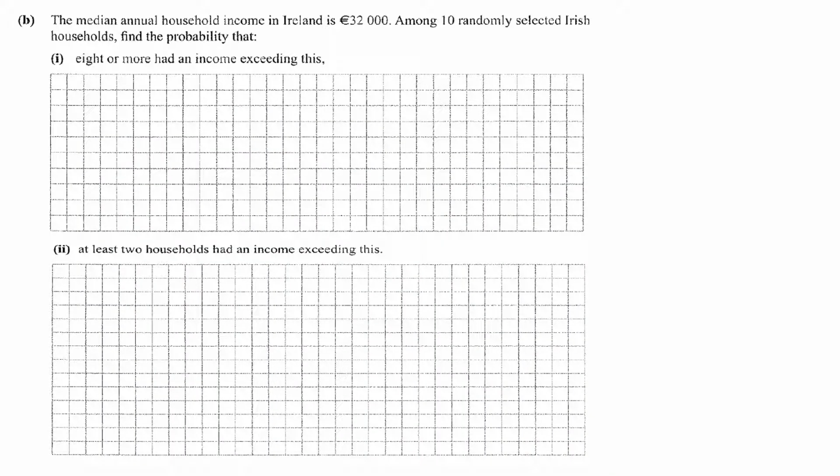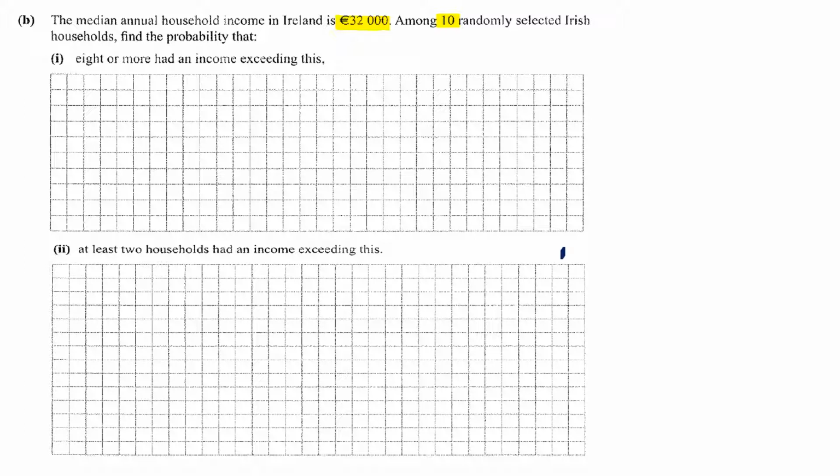So the next thing they've asked us is the median annual household income in Ireland is 32,000, and among 10 randomly selected Irish households, find the probability that 8 or more had incomes exceeding this. So what they basically told us is the middle point of all the data is 32,000, which means that half the data exists above it and half the data exists below it.